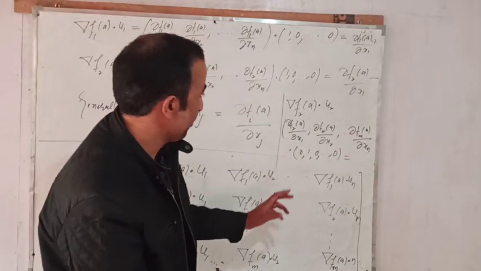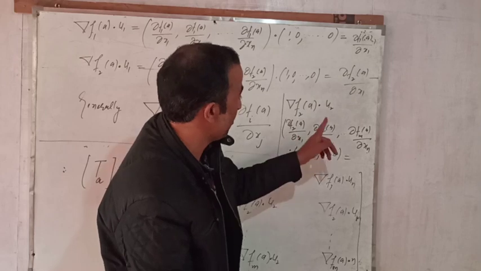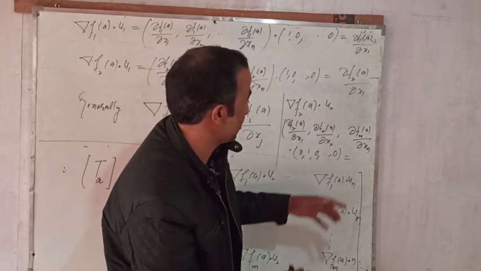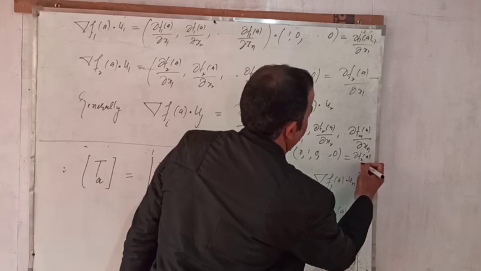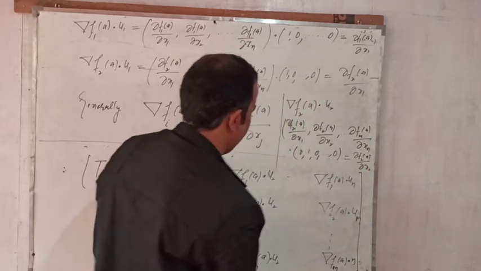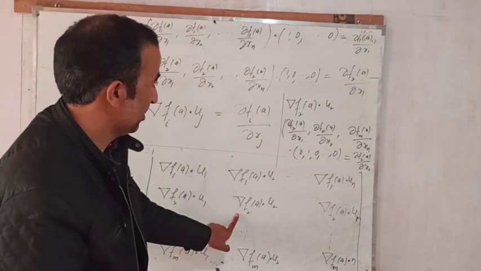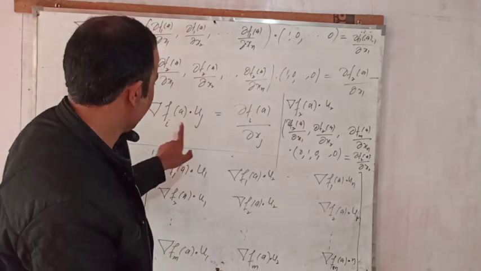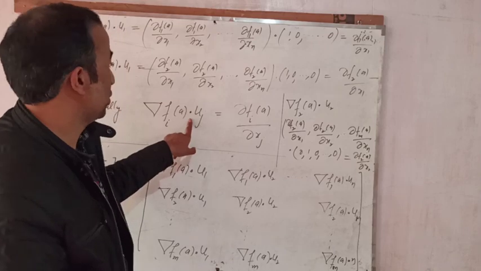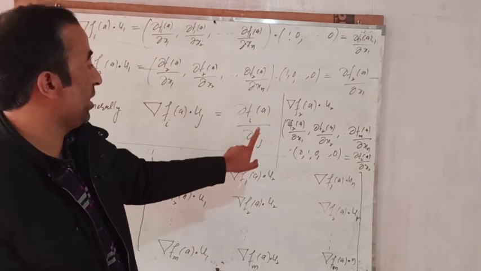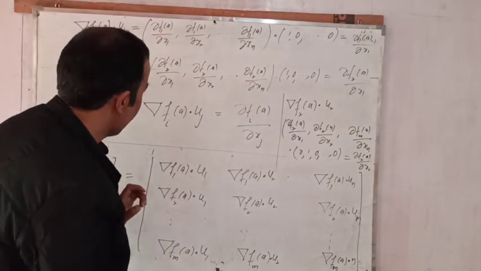When you take the dot of these two, this will be 0, and this will be del f2 at a by del x2. So delta fi at a dot uj is del fi at a by del xj.